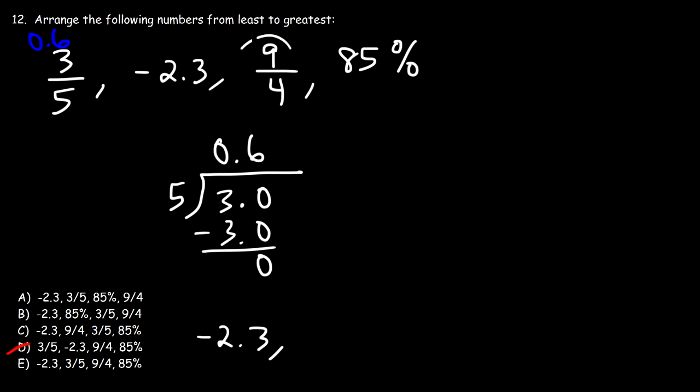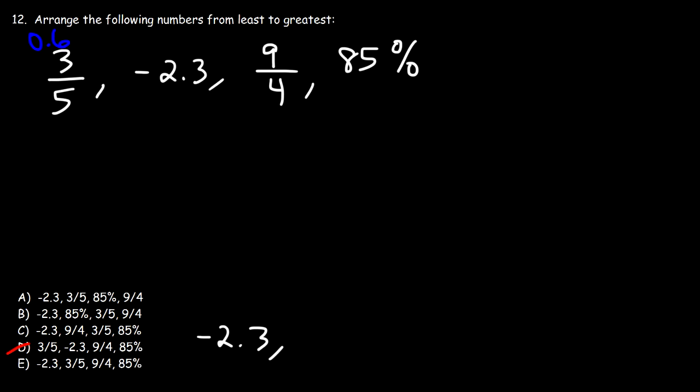Now what about 9 over 4? What is the value of that fraction as a decimal? Let's use long division. So let's put the denominator on the outside. 4 goes into 9 2 times. 4 times 2 is 8, and 9 minus 8 is 1. So now let's add a 0.